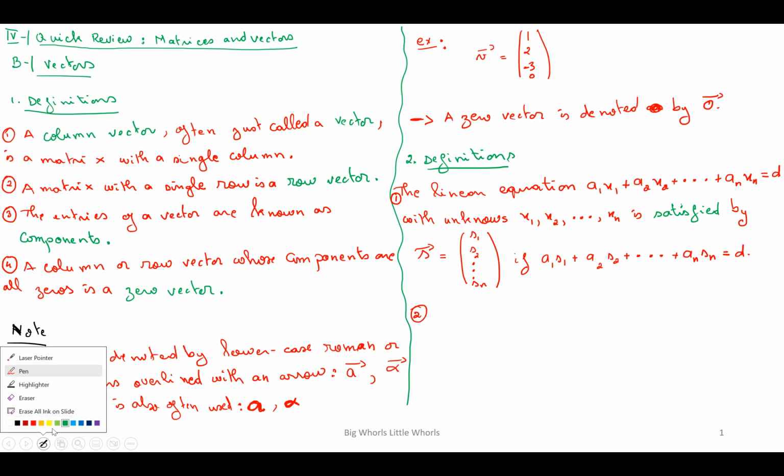Okay, we are going to apply the same concept for a system of equations.